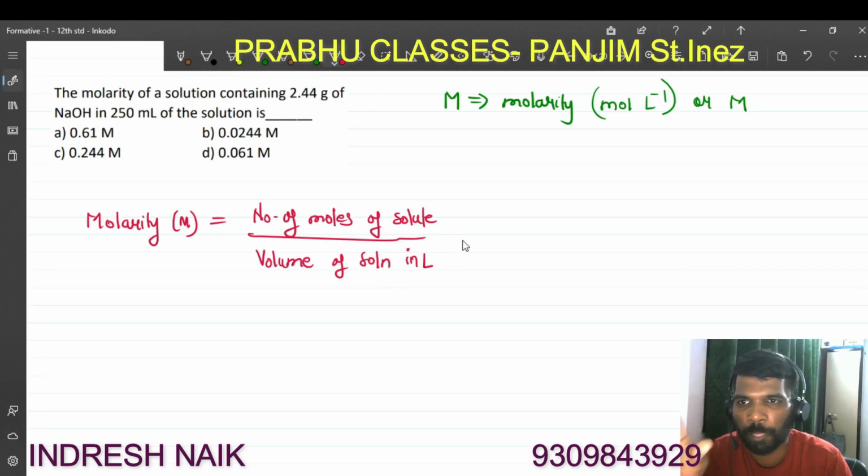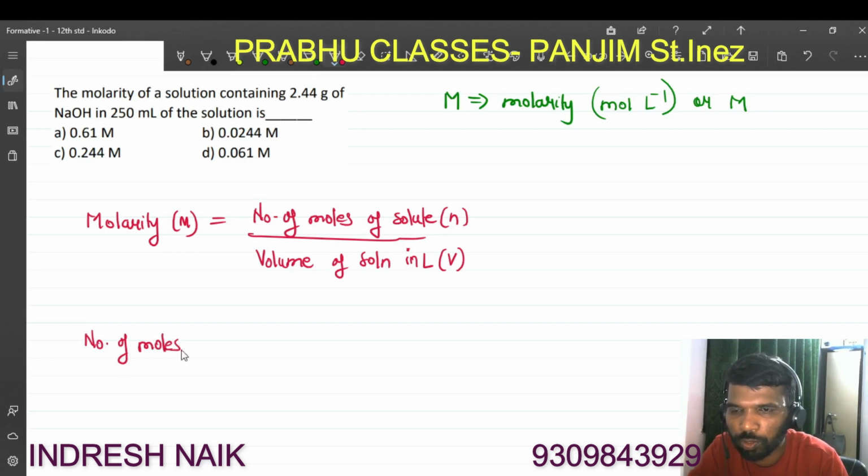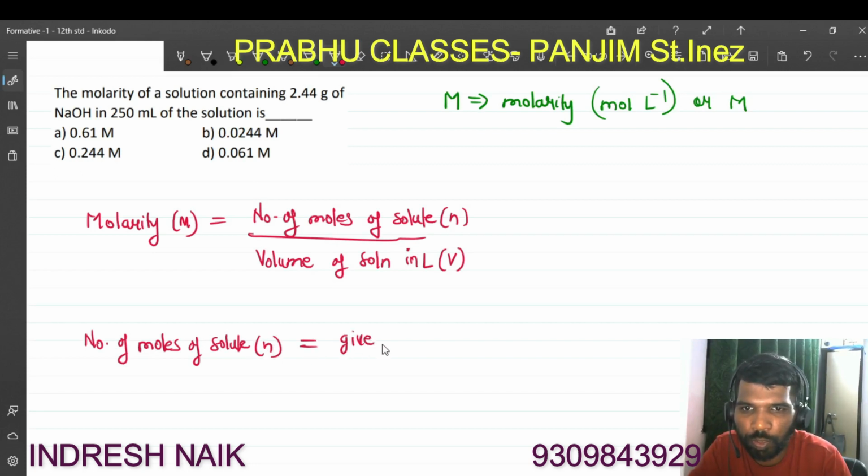Just understand this. Okay. So how do we calculate the number of moles of solute? This is n, and this is volume, I will write V. We'll split these terms also. The number of moles of solute n is the given weight upon molar mass, or molecular mass, or atomic mass.